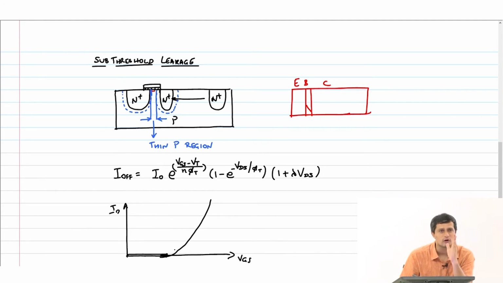So this is what we wanted, an abrupt switch-like behavior, which means that until it reaches threshold voltage, no current. The moment I exceed the threshold voltage, I am able to get a large current. Of course, large depends on whether you are talking of linear or saturation, but even the linear current is quite high in any case, right?